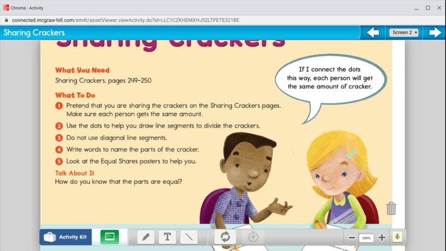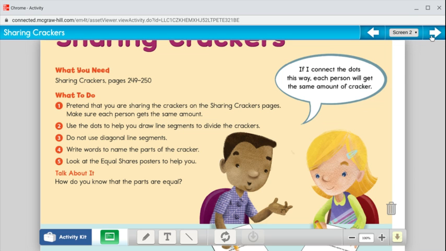We can think about those posters from yesterday. When we had 2 equal parts, we would call that 1/2 or 1 out of 2 parts. When we have 3 equal parts, we could call that 1/3 or 1 out of 3 equal parts. And when we had 4 equal parts, we said we had 1/4, or 1 out of 4.